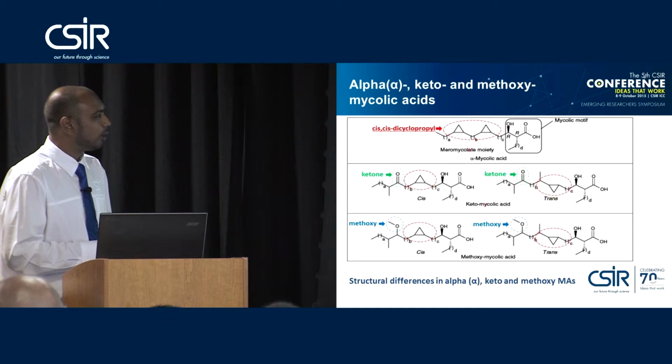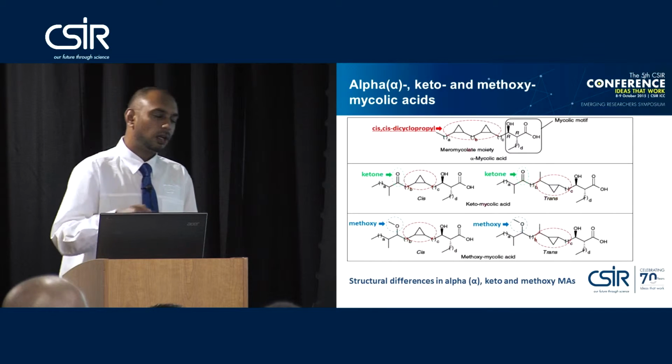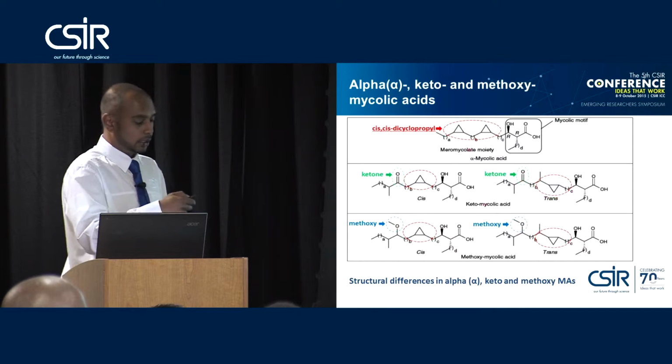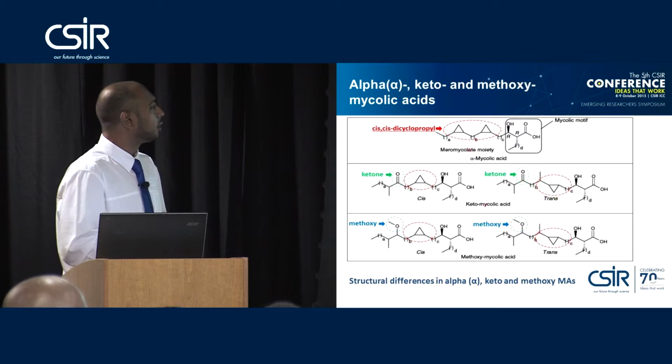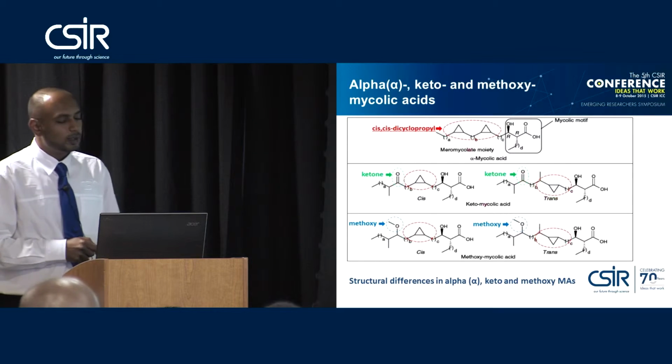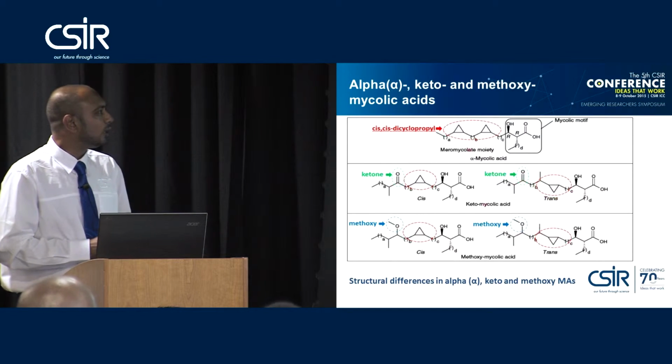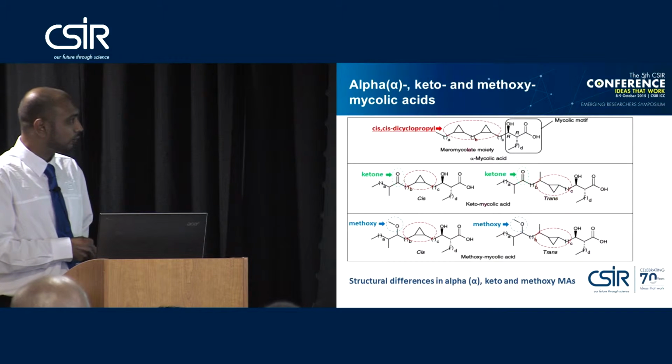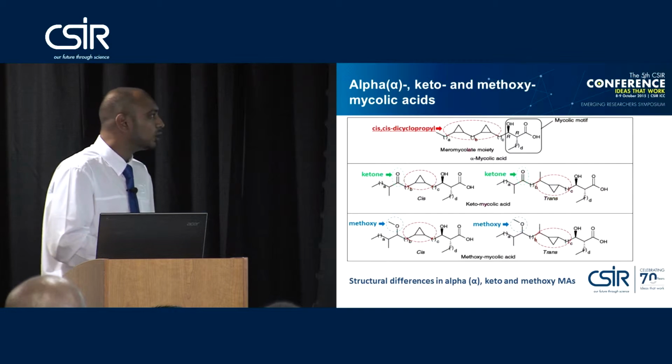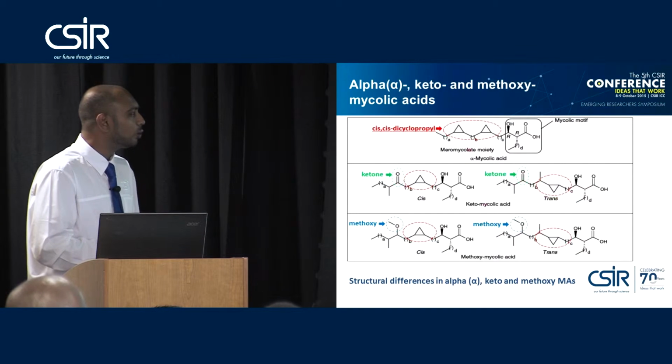And these 3 classes have the similarity of having the carboxy end, or the carboxy motif, which is a part of the branch of any of these long-chain fatty acids that can be carbon 60 to carbon 90 in length. At the proximal end to the carboxy motif, there is always the presence of a cyclopropane ring.